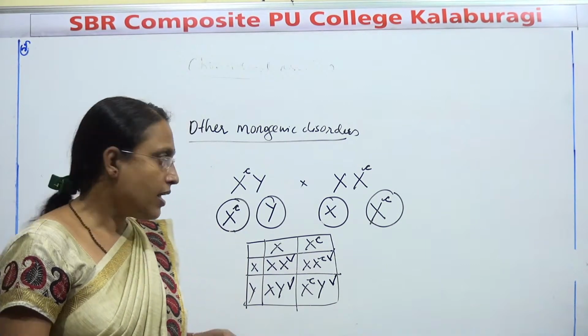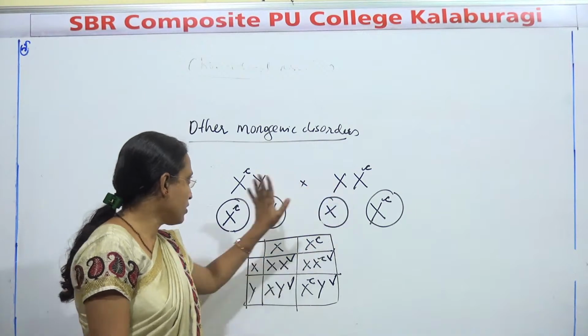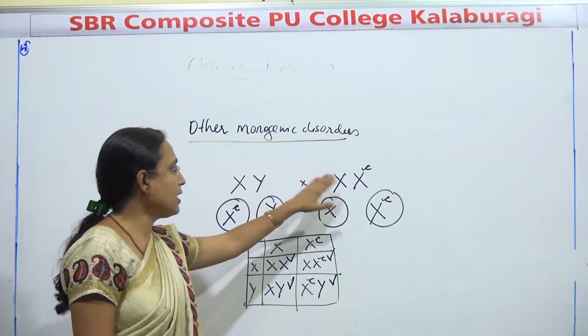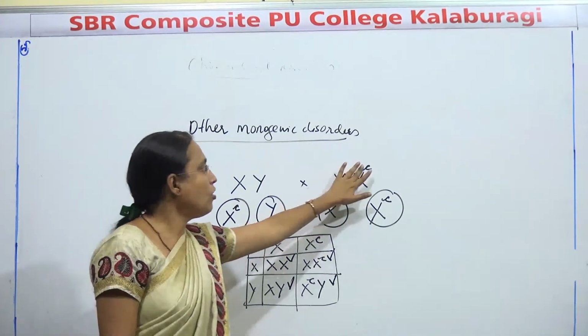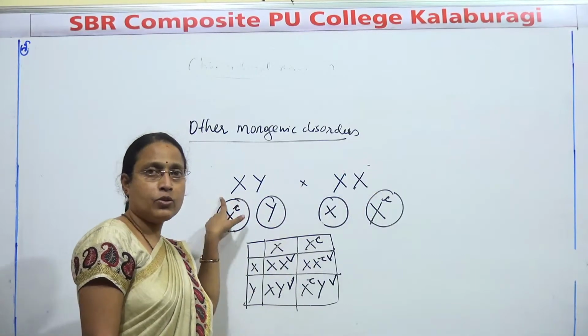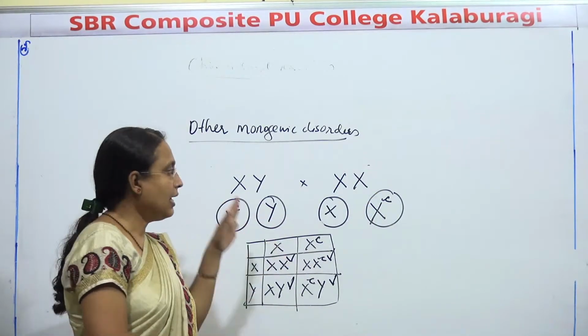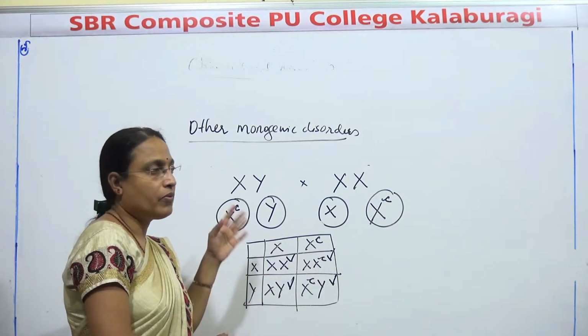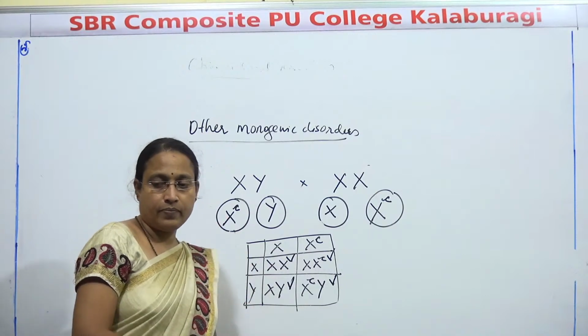Likewise, for any changes made here, suppose a normal man marries a carrier woman, or an affected woman marries a normal man, those problems are worked out in a similar way.